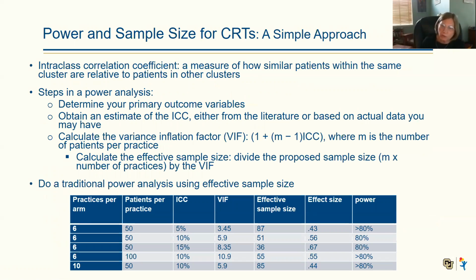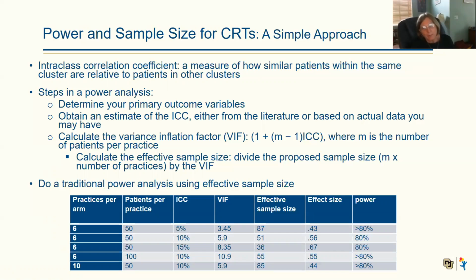So just a quick introduction to power and sample size to cluster randomized trials. First, we have to know something about the intraclass correlation coefficient. This is a measure of how similar patients or individuals within the same cluster are relative to patients or individuals in other clusters.